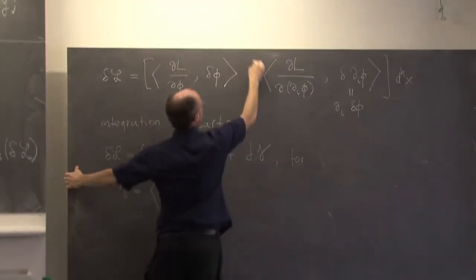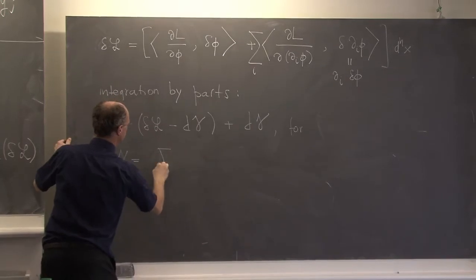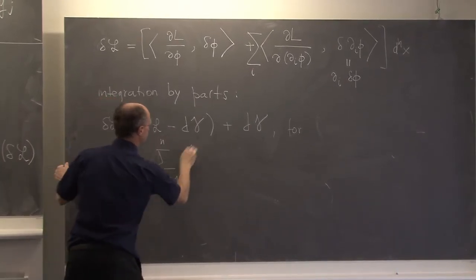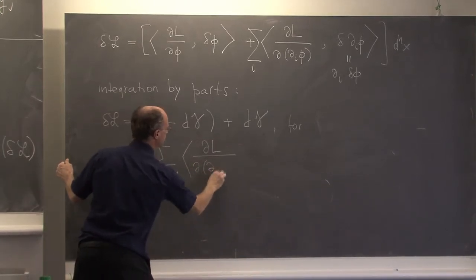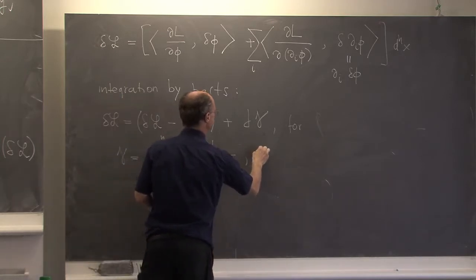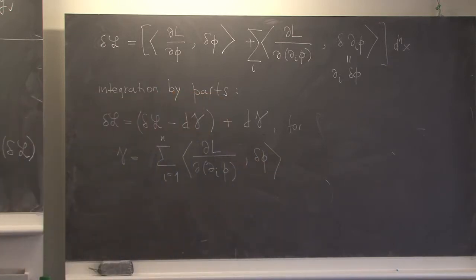So this is the sum over i from 1 to n. And let me try to write it correctly: delta phi. And well, let me see, I hope my signs are more or less correct.